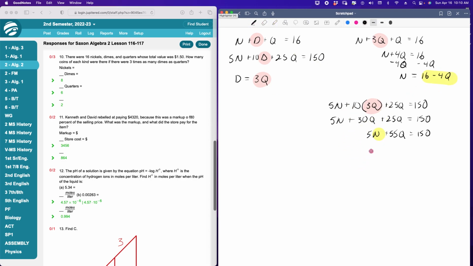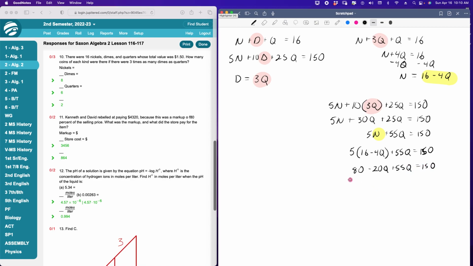So I'm going to say 5 times 16 minus 4q plus 55q is equal to 150. So 5 times 16 is 80 minus 20q plus 55q is equal to 150.